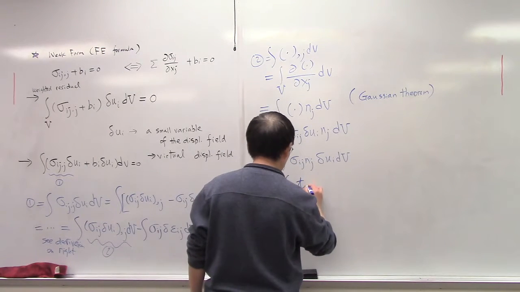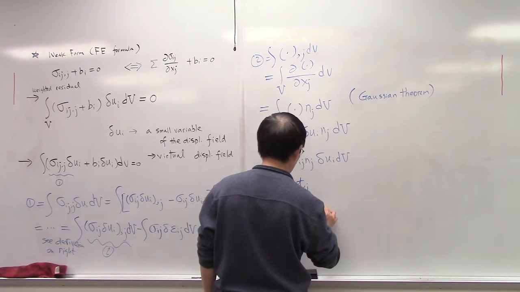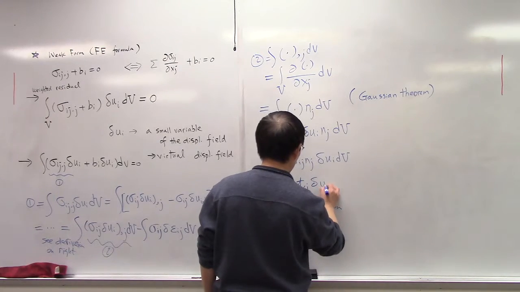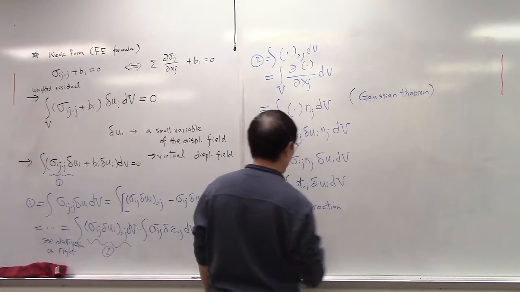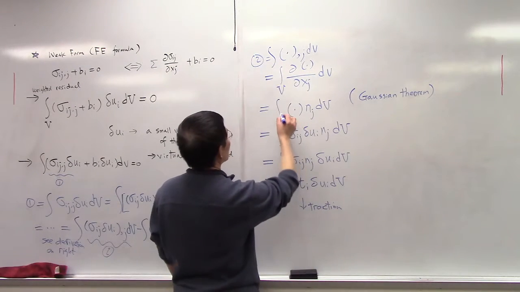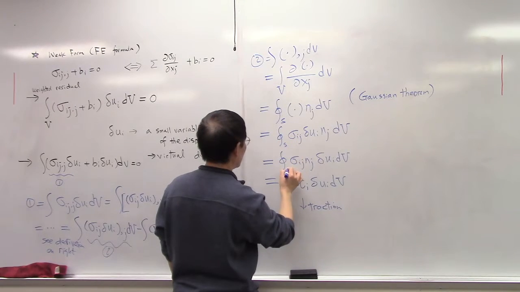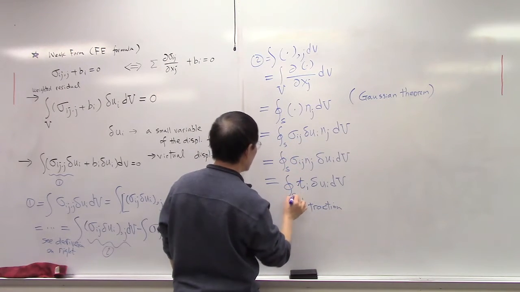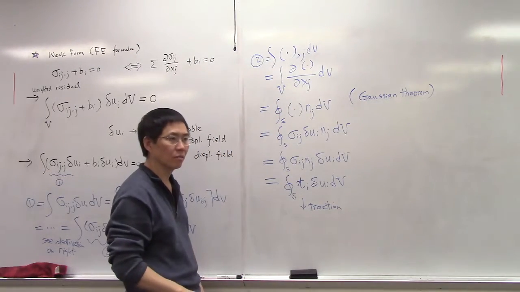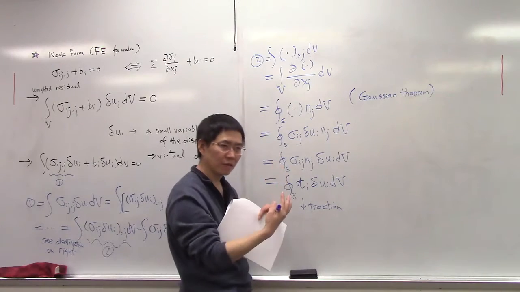We use T_i to denote that. This is the traction, delta u_i dv. Okay. Well, I should say this is the surface, the total surface, to be more rigorous. This was a volume integral, now it is a surface integral. Alright, so this is the whole surface of the body.